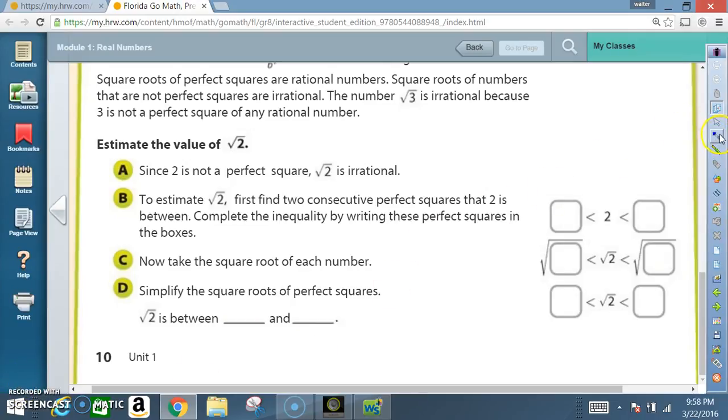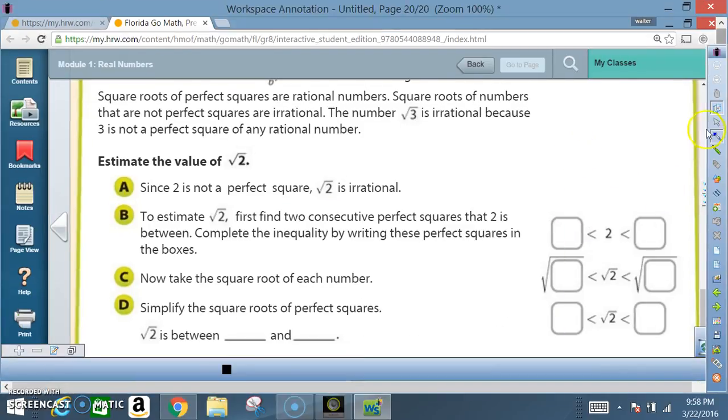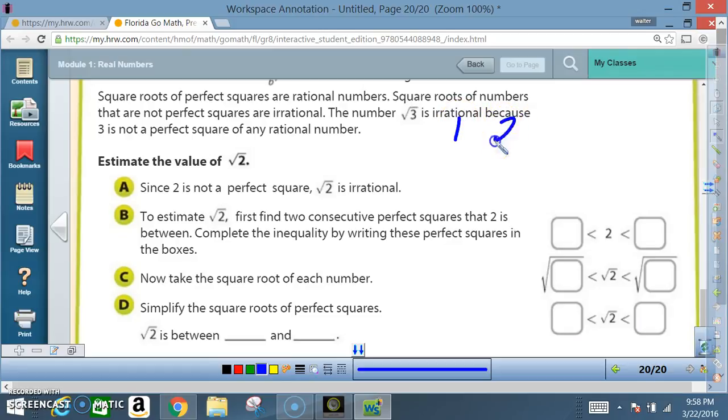Alright, now for those of us who are completely lost, what you're going to have to do is this. First, list about 4 numbers in consecutive order. That is 1, 2, 3, and 4. Next, you're going to square these numbers.